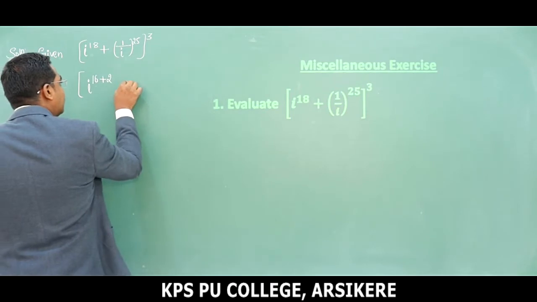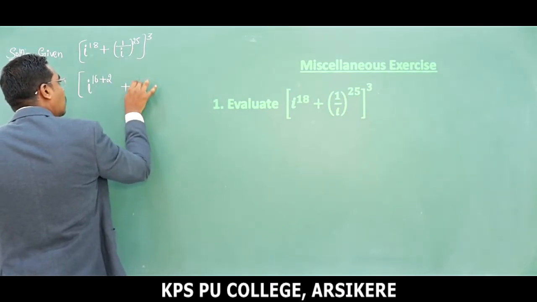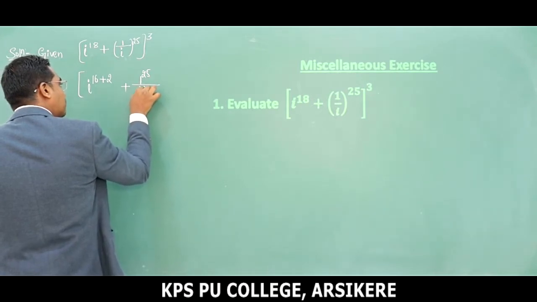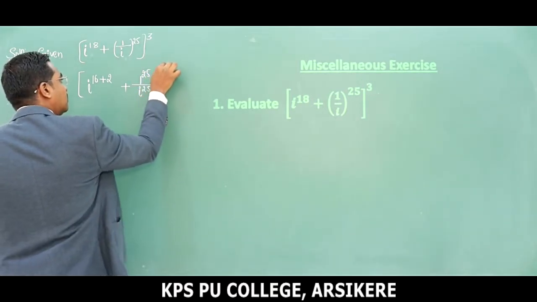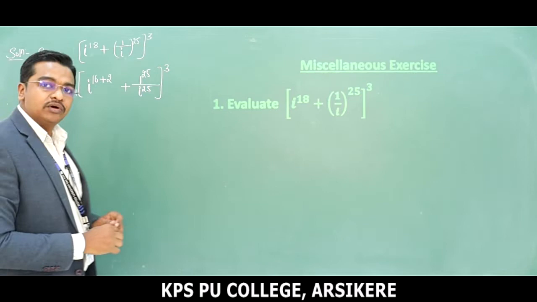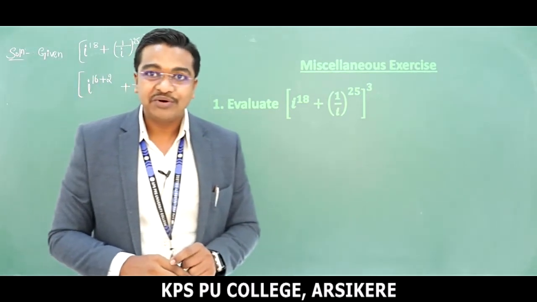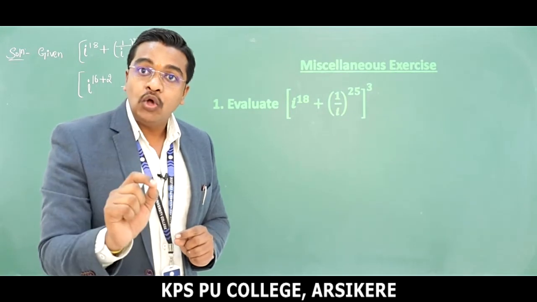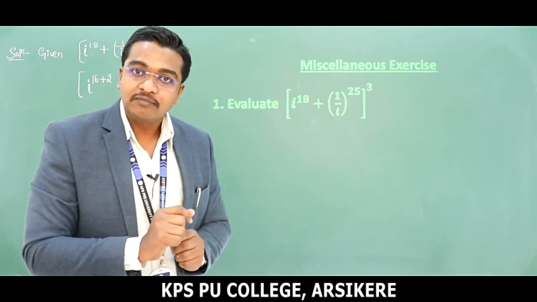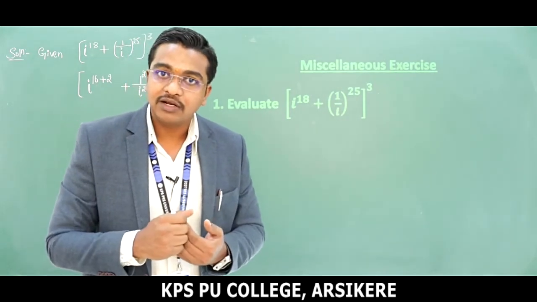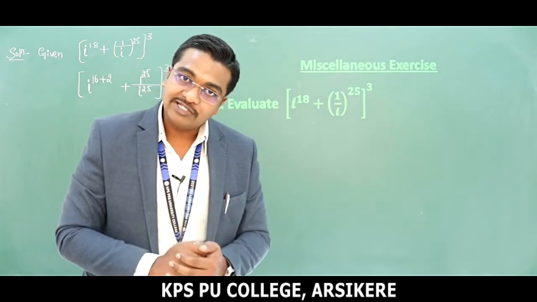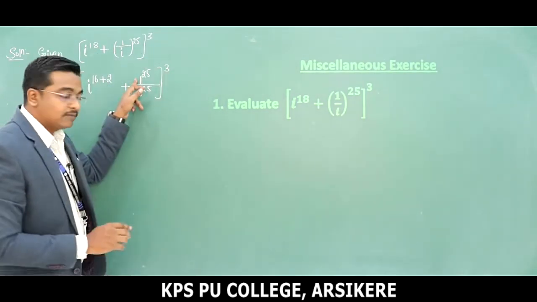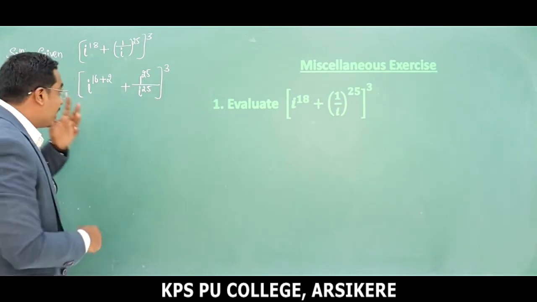Similarly, here also, this can be written as (1 power 25 divided by i power 25) whole power 3. Just remember, when a by b whole power m, or a by b whole square, that can be written as a square divided by b square. If I follow the same thing here, 1 power 25 divided by i power 25.